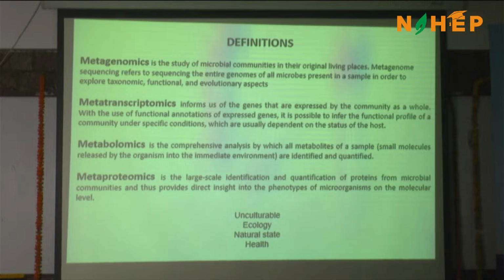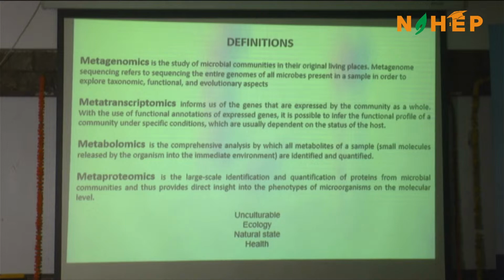I'm not going to go into too much detail because of limited time; today we have quite a lot of things to do. Here you have the definition of metagenomics: basically the study of microbial communities in their original living places. A metagenome sequence refers to the sequencing of the entire genomes of all microbes present in a sample.